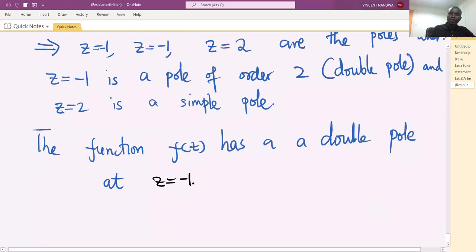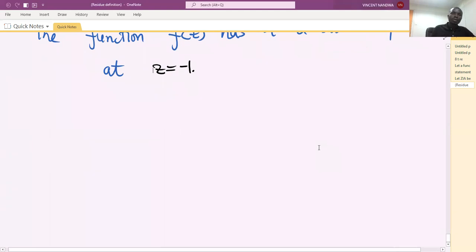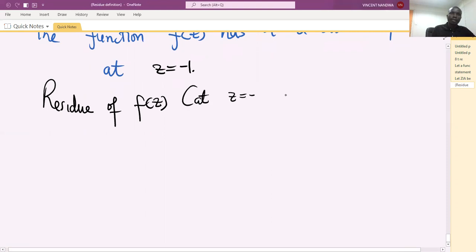So the residue of f of z at z equals negative 1 will be given by definition as a limit.